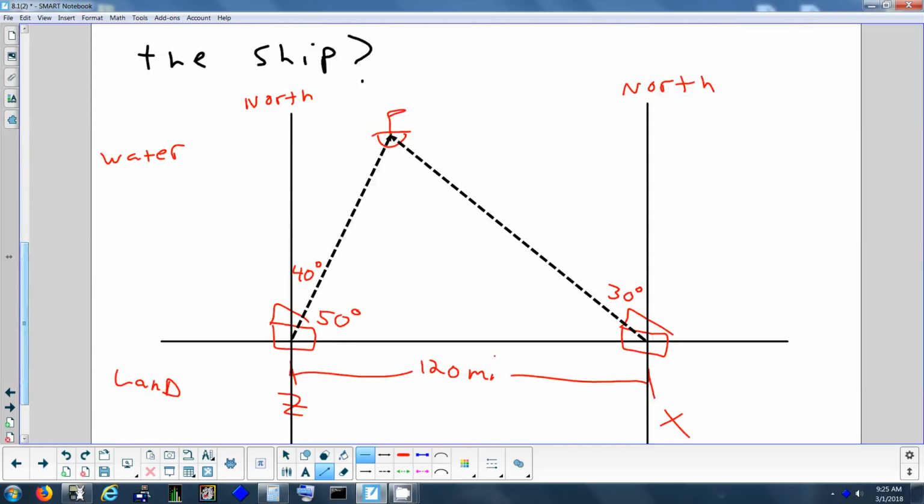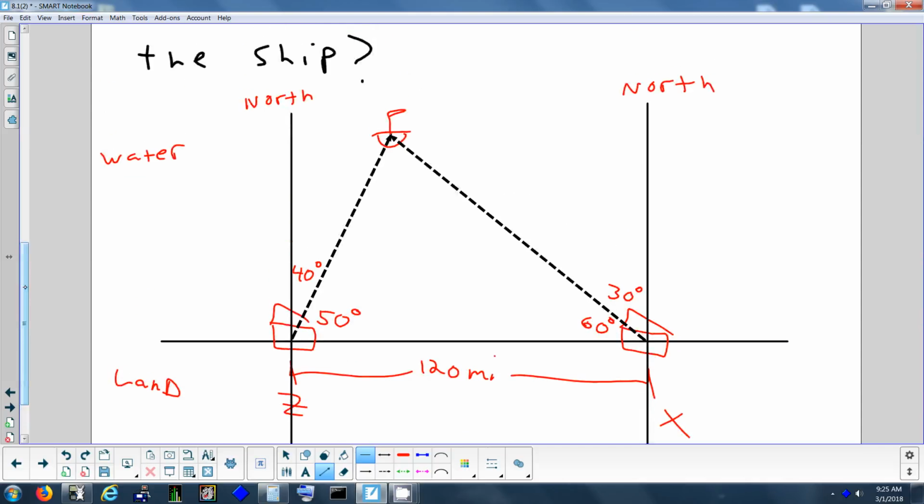Yep, so 30 degrees west. West is to the left from that perspective. So that means the angle inside would be 60. So now we have angle, side, angle. We've got a triangle we can solve and find the distance to each Coast Guard station. So that's the hard part. Now the rest is just stuff we've done before.